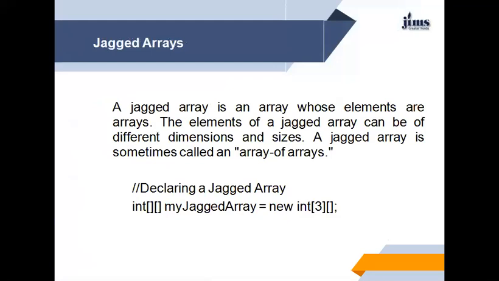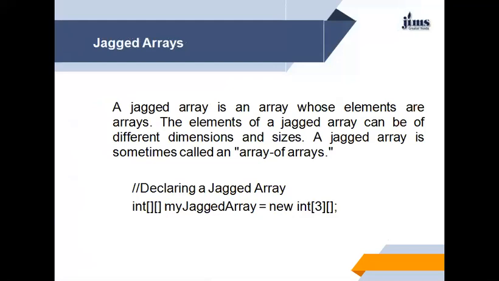Now, jagged arrays. There is another term, jagged array, in VB.NET. A jagged array is an array whose elements are also arrays. The elements of a jagged array can be of different dimensions and sizes. A jagged array is sometimes called an array of arrays.